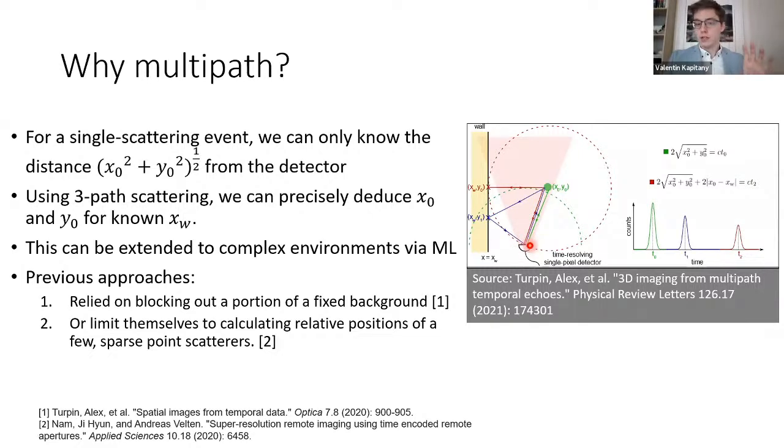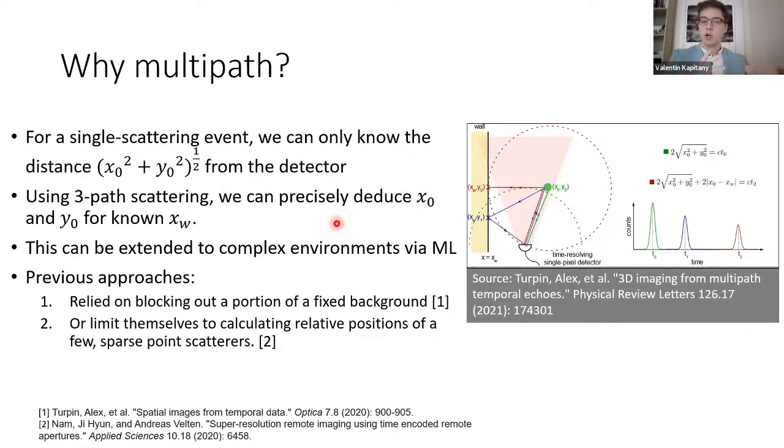Then I can exactly tell where my object was if I know my position next to a fixed wall, because the difference between the 1st and the 3rd path event is the distance between the wall and the object. That will allow me to unambiguously deduce the 2D position of this object.